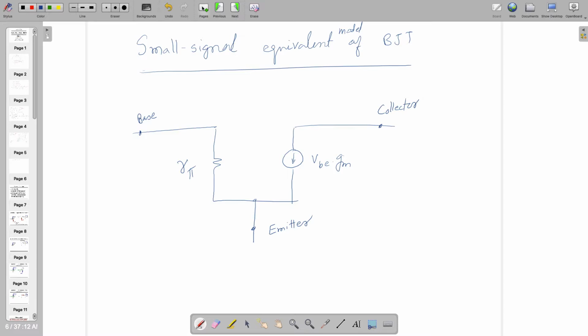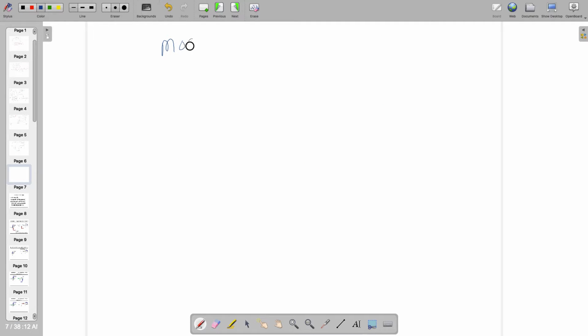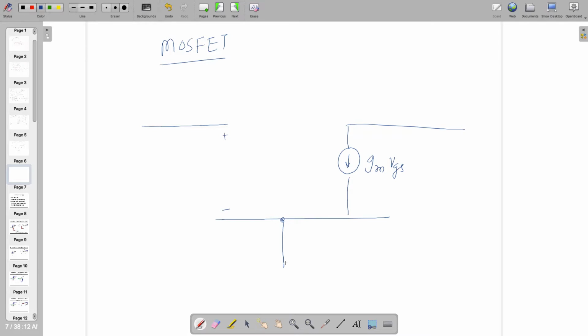But in the case of MOSFET, the good part of MOSFET is its input impedance is infinite because it's not allowing any current to go inside, and it's voltage controlled. If you want to derive this, you can derive it using the Y parameter where gate current is 0 and ID is equal to mu n C ox by 2 W by L times (VGS minus VT) squared.